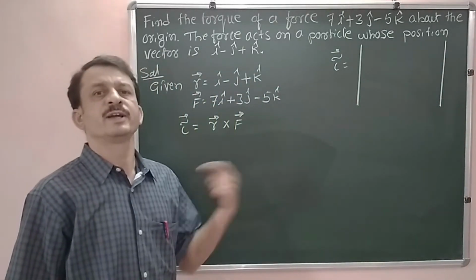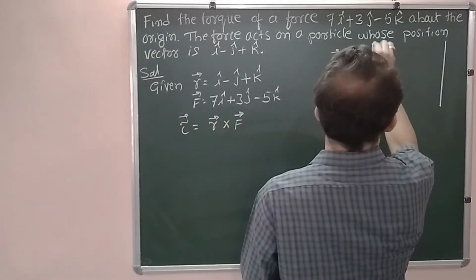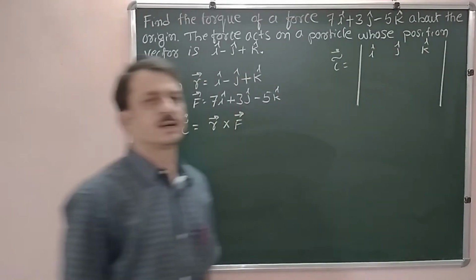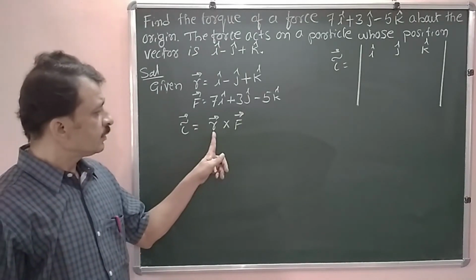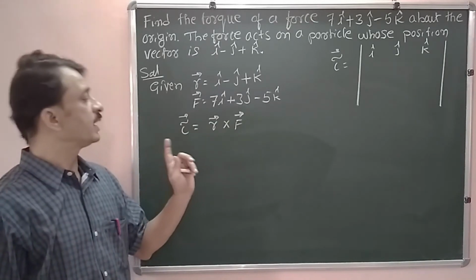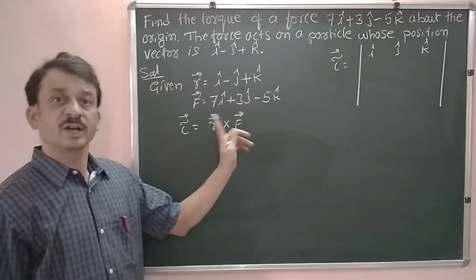The first row contains all the unit vectors, that is vector i, vector j, vector k. The second row contains the first vector in the cross product. Remember here, in the cross product, r comes first and force comes next.